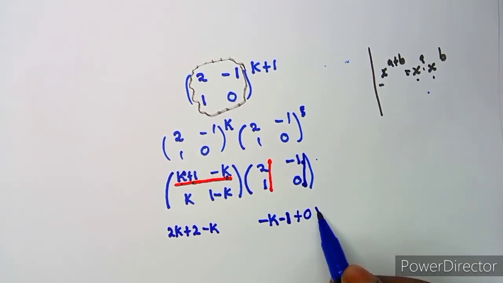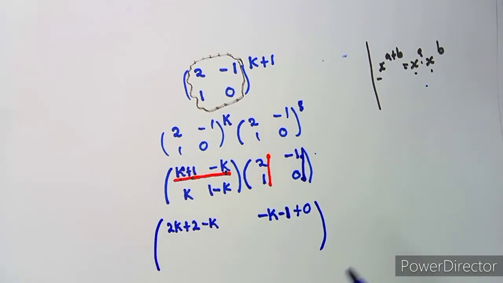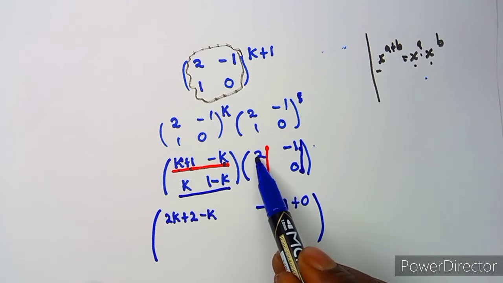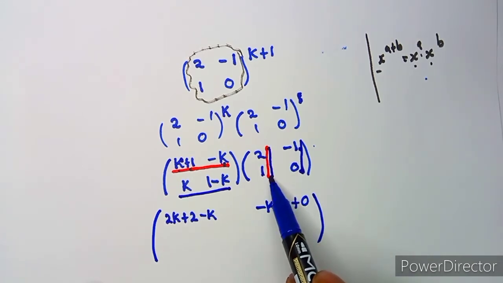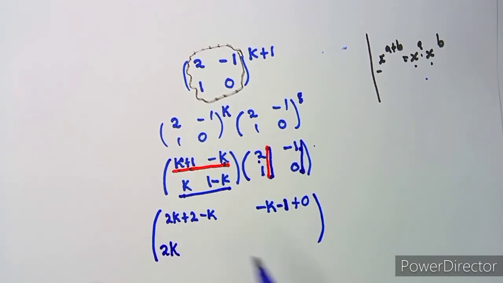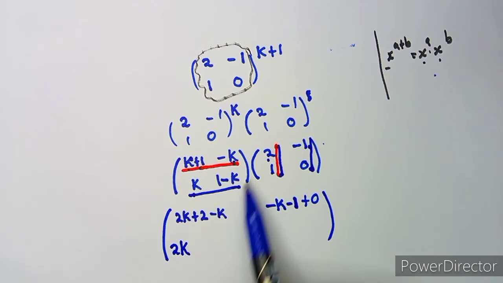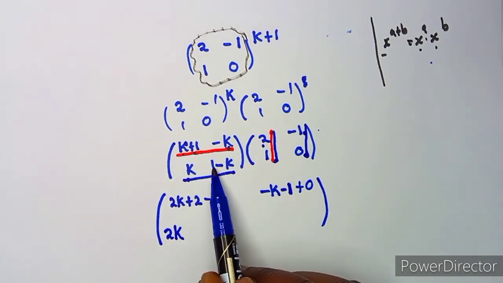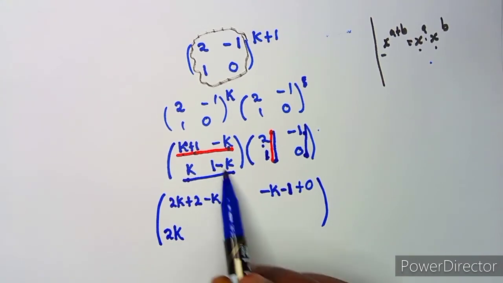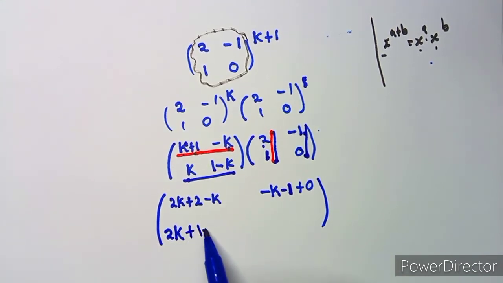Anyways, let's just put it so that we all understand. Then you are on this row now versus this same first column that you had before. So it's now k times 2, which is 2k in this case. Then 1 minus k times 1, as you can see, you're multiplying by 1, it just remains as it is, which is plus 1 minus k.